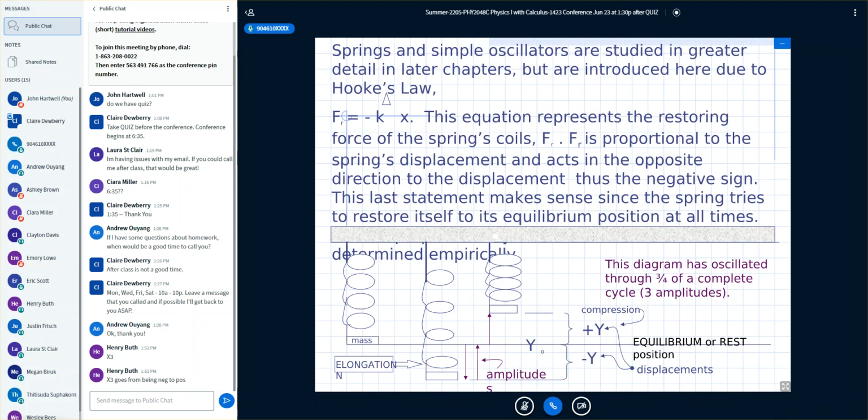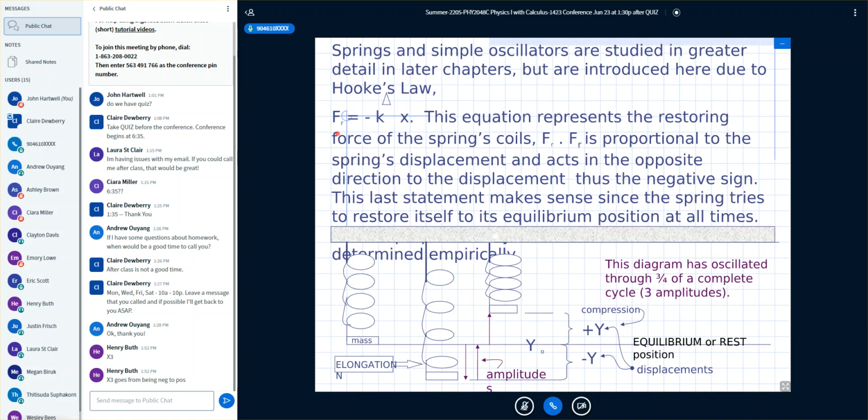All right. In region B, springs and simple oscillators are studied in greater detail in later chapters, and I mentioned chapter 15. But if you do not know Hooke's law, I need to talk a little bit about what's happening. Now, this should say F sub R, which means the resistive force of the spring when it's either compressed or elongated.